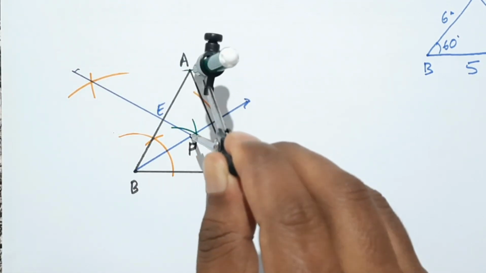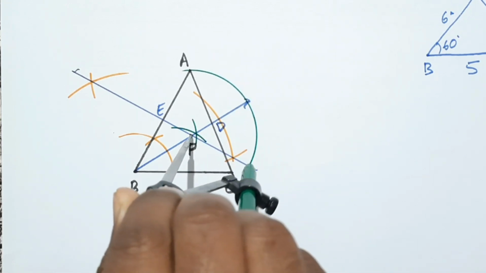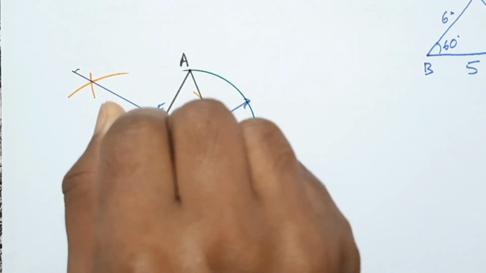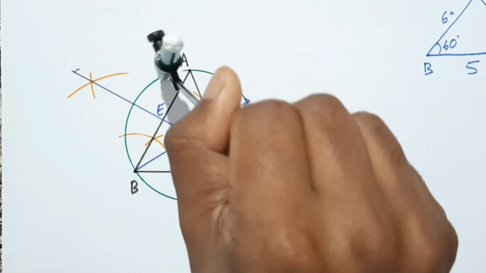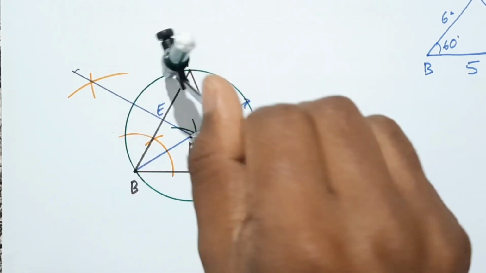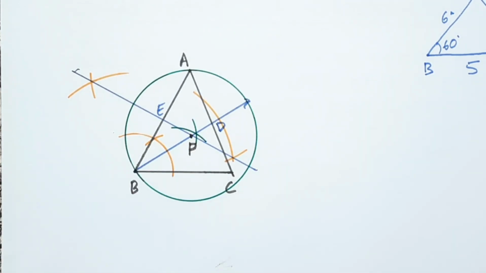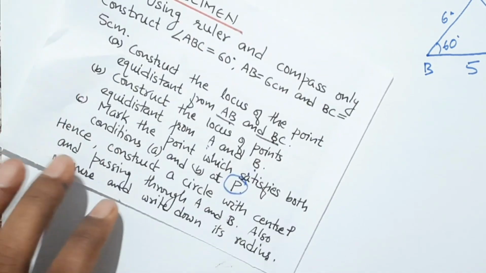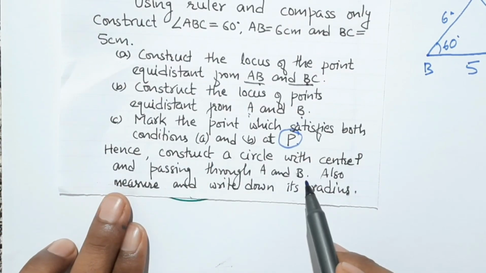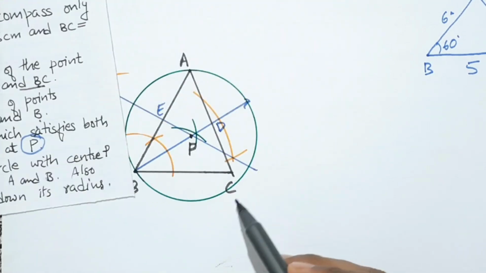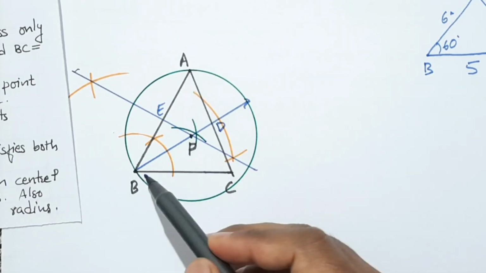Now we have to draw a circle. In the given question it is given that this circle must pass through points A and B only. C is not mentioned. So this circle passes through both A and B.